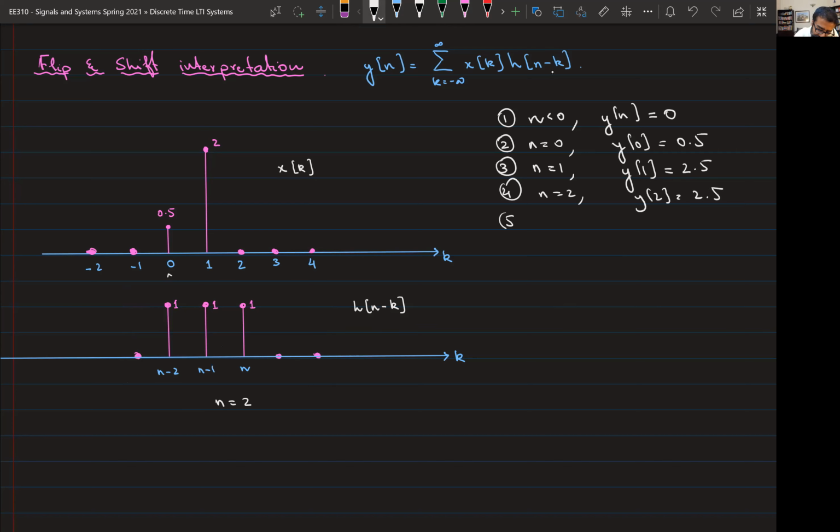And then finally let's do it for n equals 3. What happens at n equals 3? At n equals 3 you shift it again and you get here. This is n equals 3, right? And what is y of 3 going to be equal to? So it's 2. Excellent.